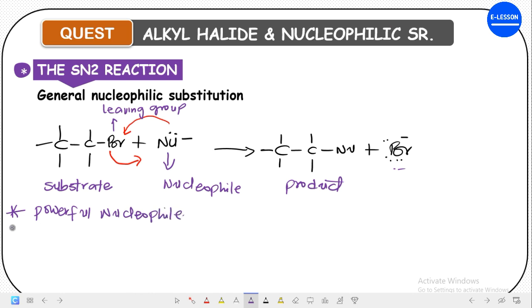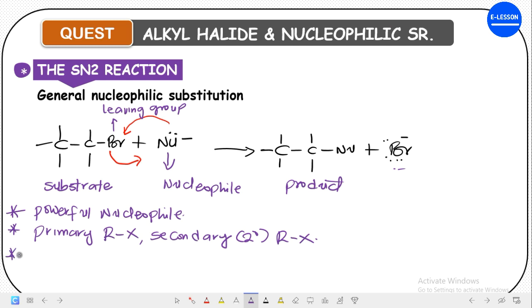Number 2, it must use either a primary alkyl halide, or manageably a secondary or 2 degree alkyl halide.